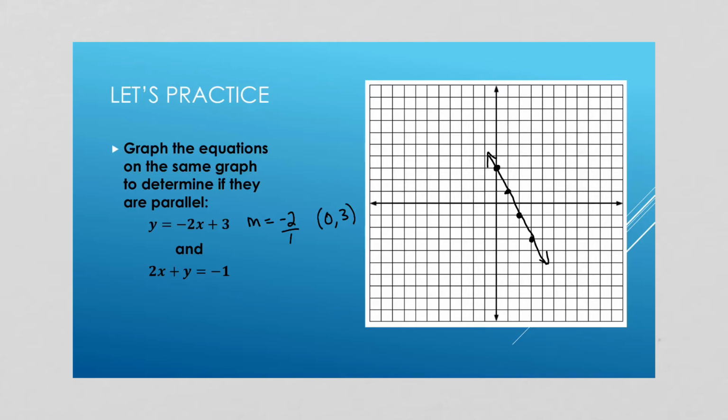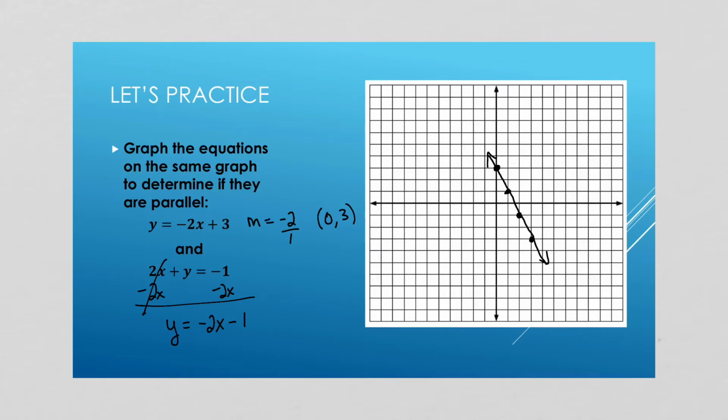All right. Now this bottom one, the slope and the y-intercept are not staring at me, so I need to turn this into slope-intercept form. So what I would do first is subtract 2x from both sides. That goes away, so I've got y is equal to -2x minus 1.